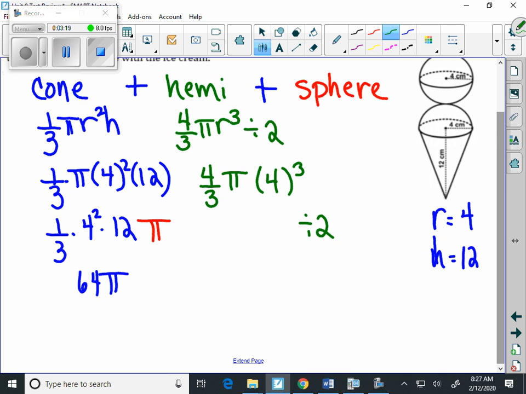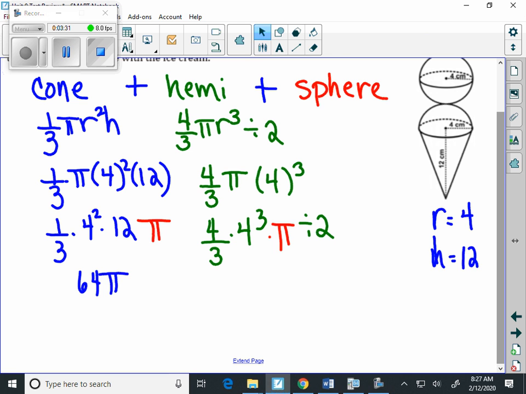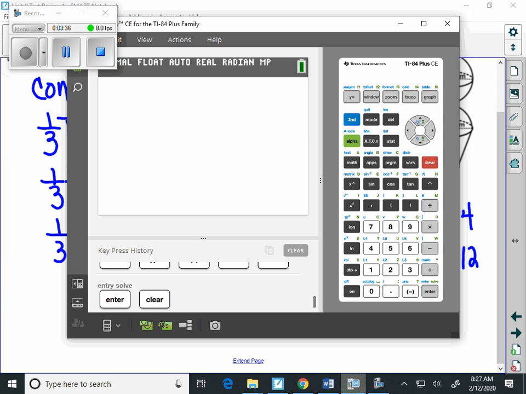When I type this in, I'm going to type in 4/3 times 4 cubed. And again, I'm not going to type in that pi. I'm going to leave it in terms of pi. So we pull up our calculator, we pull up decimals, maybe, and we end up with 4/3 times 4 cubed.